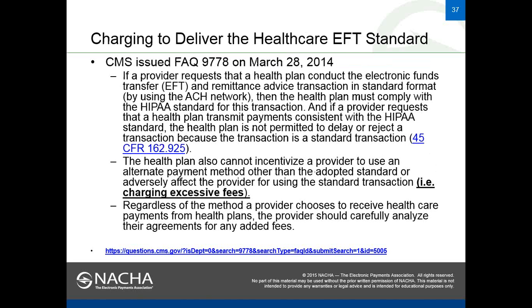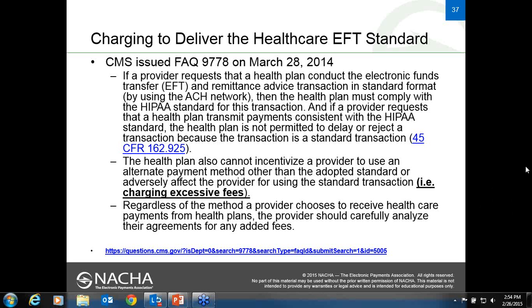Going on to the next slide, there has also been a question with regards to some of the health plans charging for delivery of the Healthcare EFT standard and what they can charge for. Under HIPAA, health plans are not allowed to charge excessive fees.